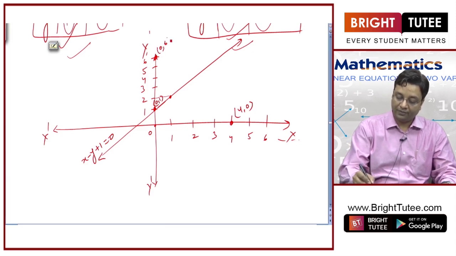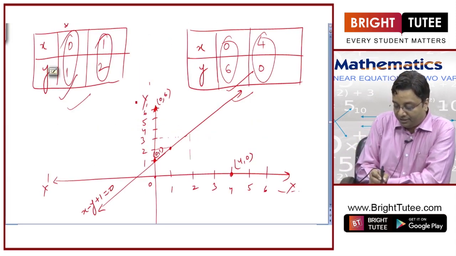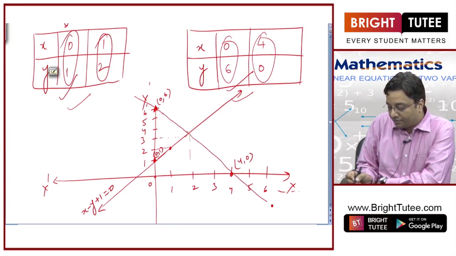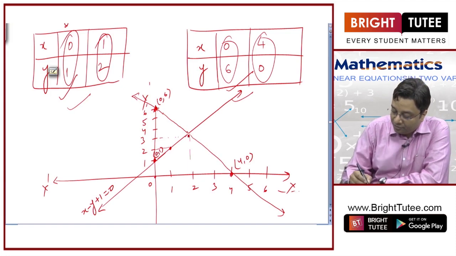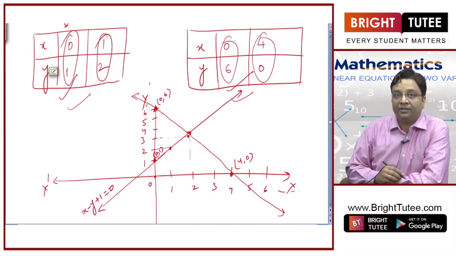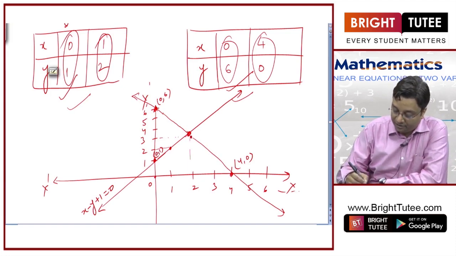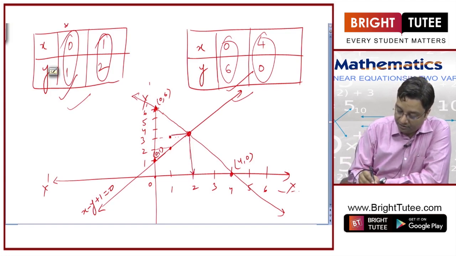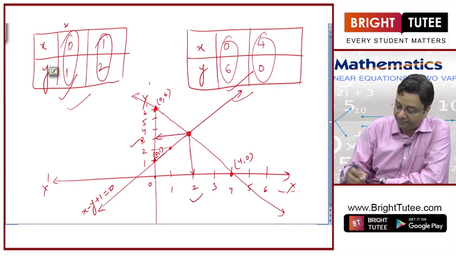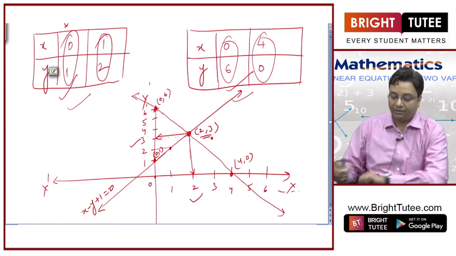Now if I draw this line here, this point of intersection will give me the solution. Okay, and this point is 2, 3, right.